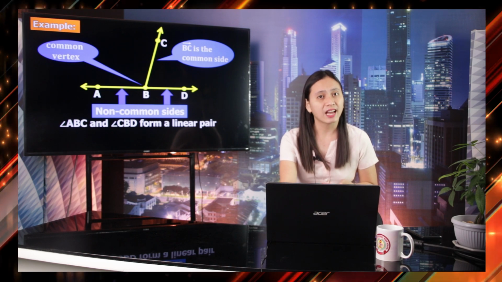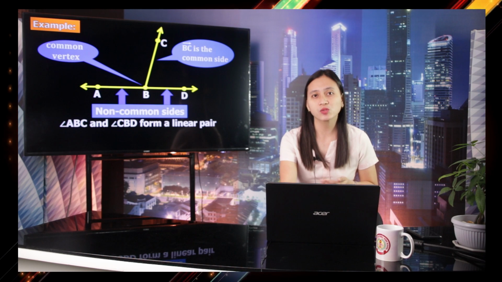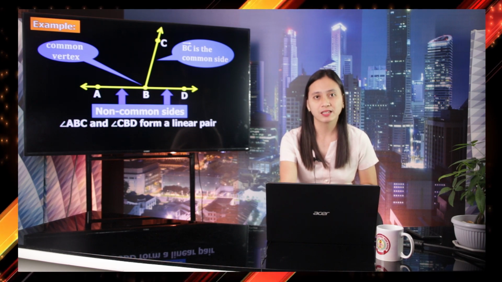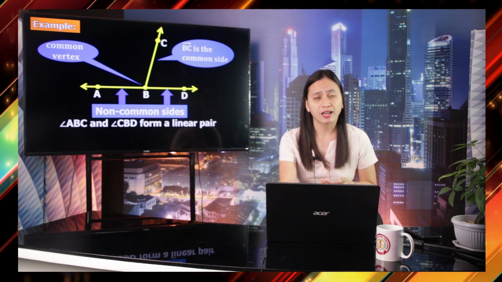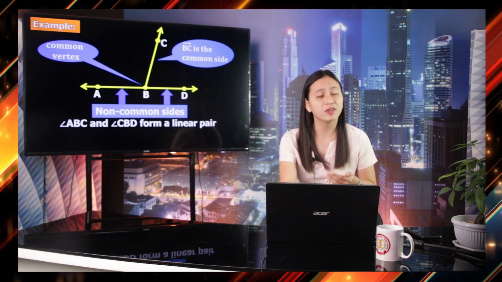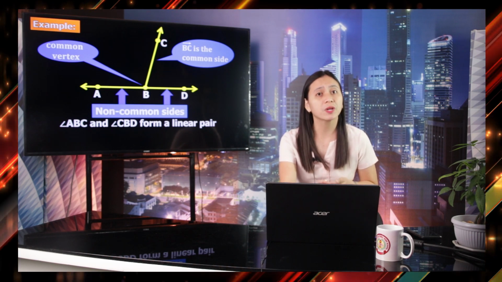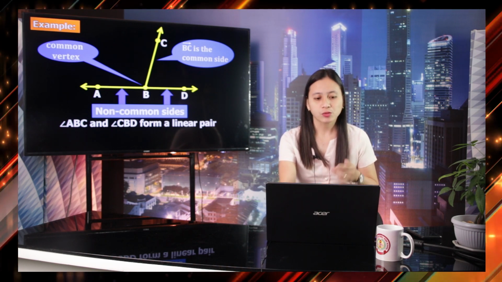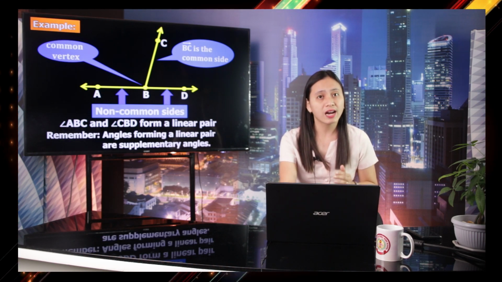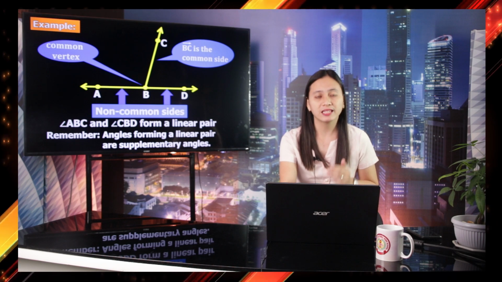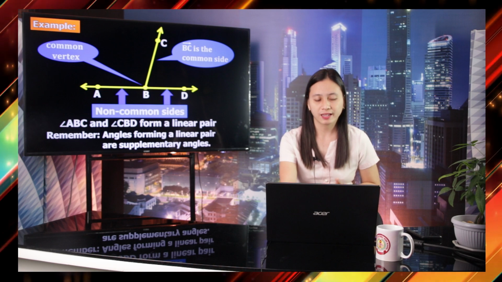Since a straight line or straight angle exactly measures 180 degrees, therefore the two angles must also have a sum of 180 degrees, or supplementary. So therefore, we can say that all angles forming a linear pair are supplementary angles.